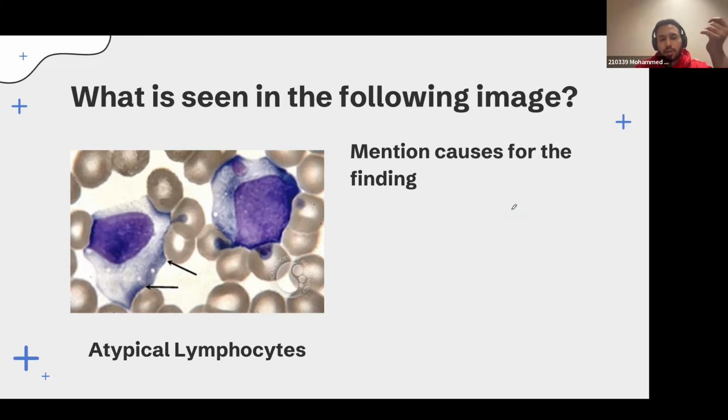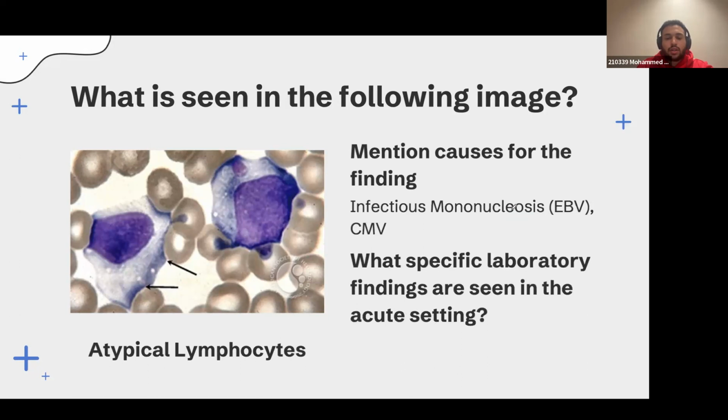EBV, and less commonly CMV, cytomegalovirus. Good. What specific laboratory findings, if you're suspecting a patient with infectious mononucleosis, are seen in the acute setting? I want 3 findings. Okay, good.